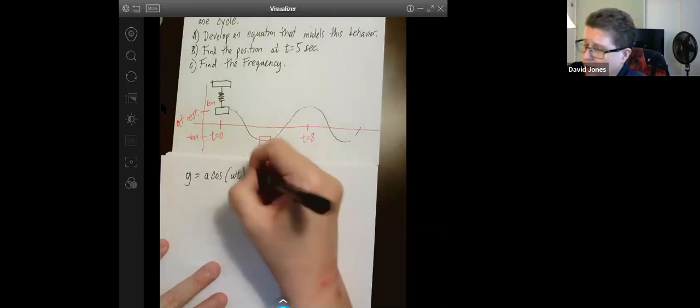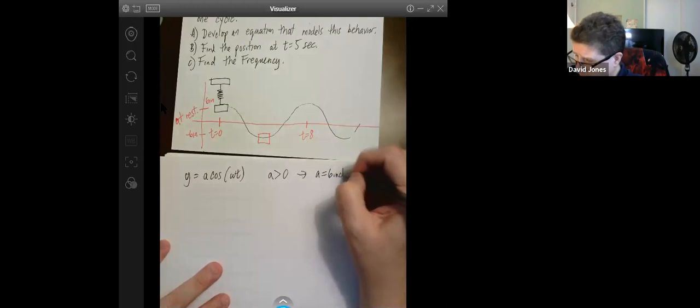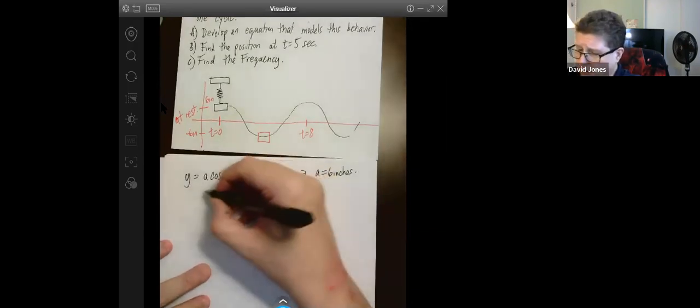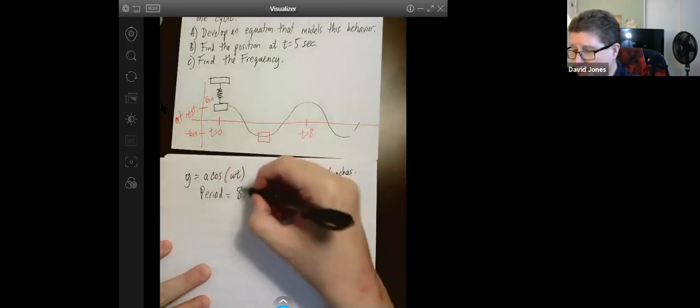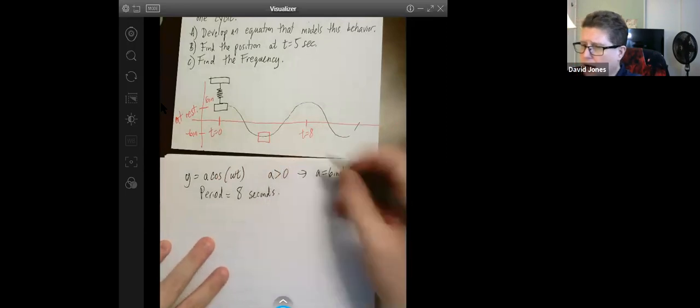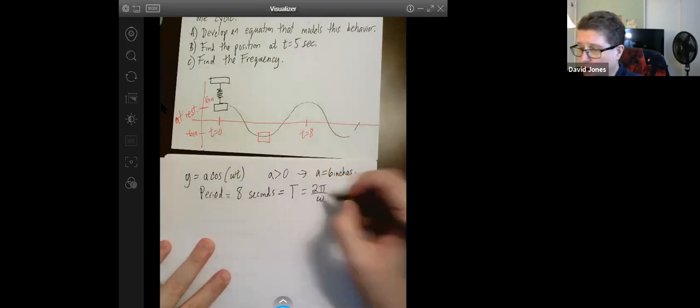Okay, so this looks like cosine where A is positive, right? A is positive because it starts off on top. In fact, we're just going to say A equals 6 inches. Now we know the period. That's one complete cycle. That's 8 seconds. It starts repeating after 8 seconds. But we said period was T, and that equals 2 pi over omega. We need omega.